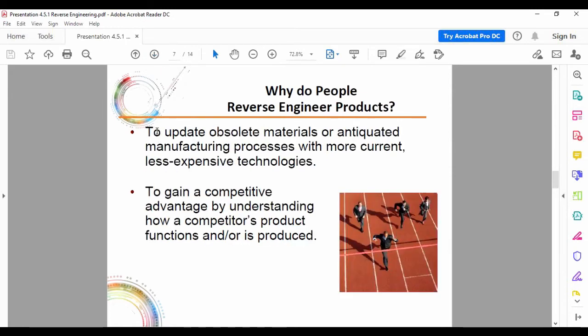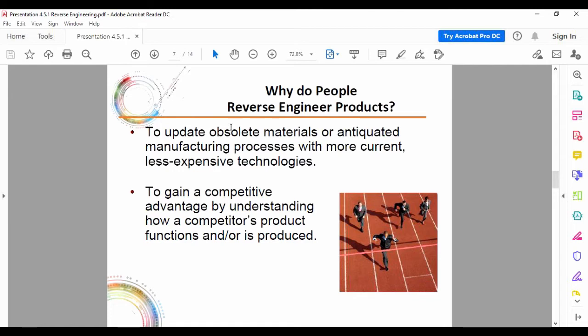Another reason to reverse engineer a product is to update obsolete materials or antiquated manufacturing processes with more current, less expensive technologies. We are seeing this kind of stuff going on today with the processes in how to check out in a grocery store or a retail store with things like self-checkout.